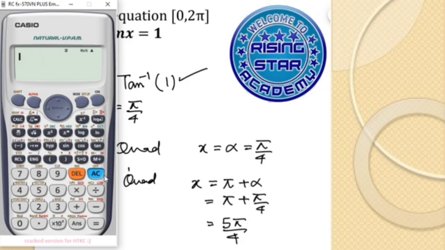Now the next is tan of 5 pi by 4. So tan of 5 pi over 4 is also 1. So it's verified. Now next problem.